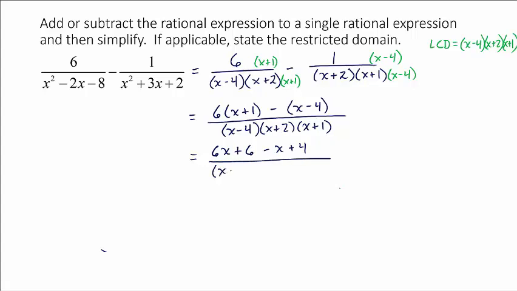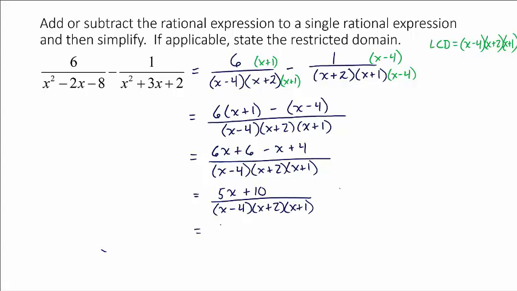And I still have that denominator of x minus 4 times x plus 2 times x plus 1. All right, 6x minus x is 5x. 6 plus 4 is 10. So I have 5x plus 10 over x minus 4 times x plus 2 times x plus 1.